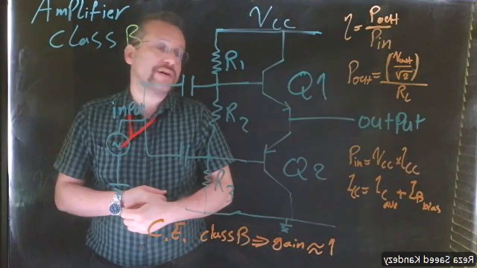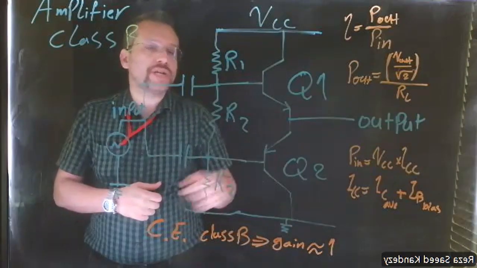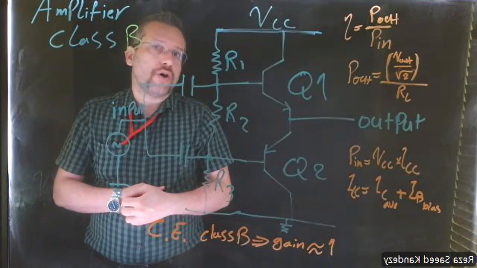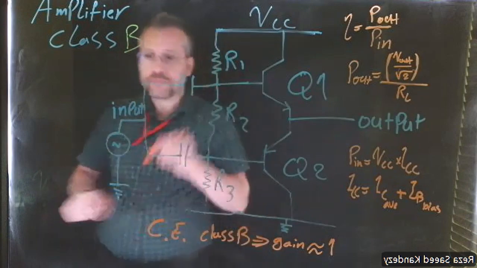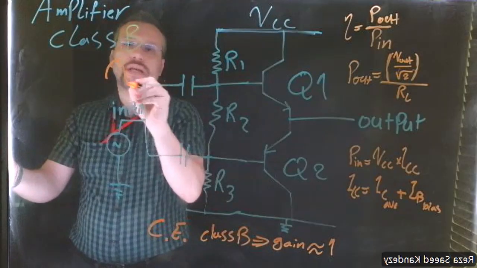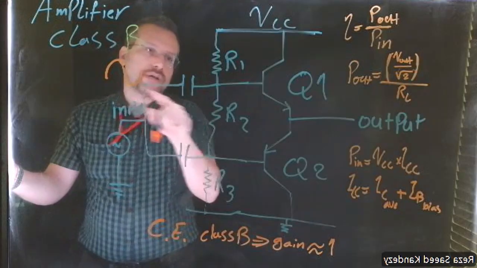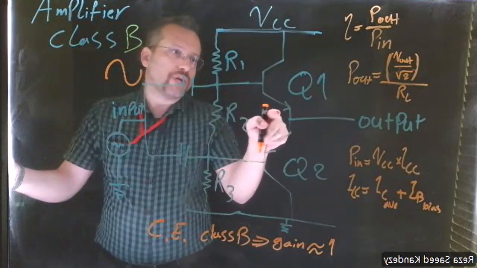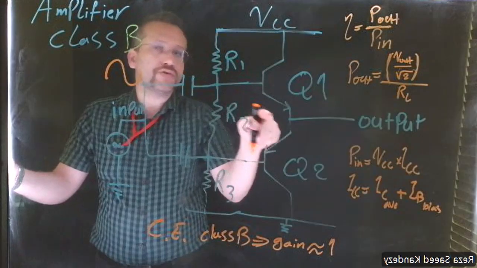In this class, each of those BJTs is going to be on for half a cycle of the input. So when you have an input for the positive half, the voltage across the base-emitter here is going to exceed the threshold.